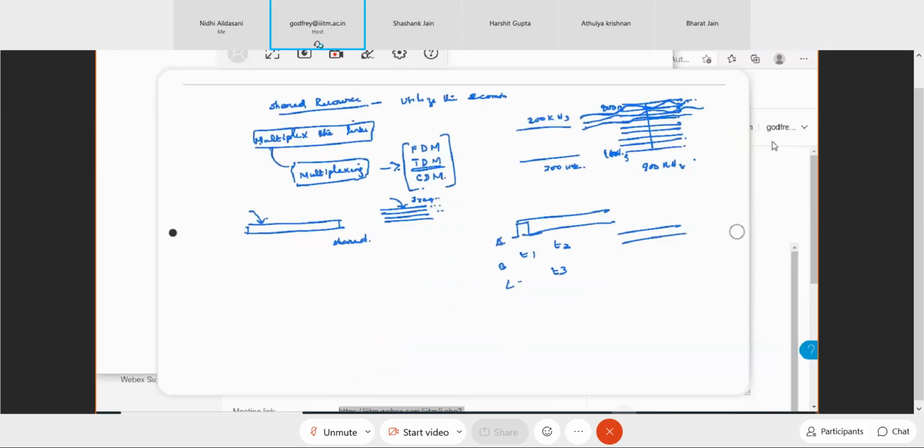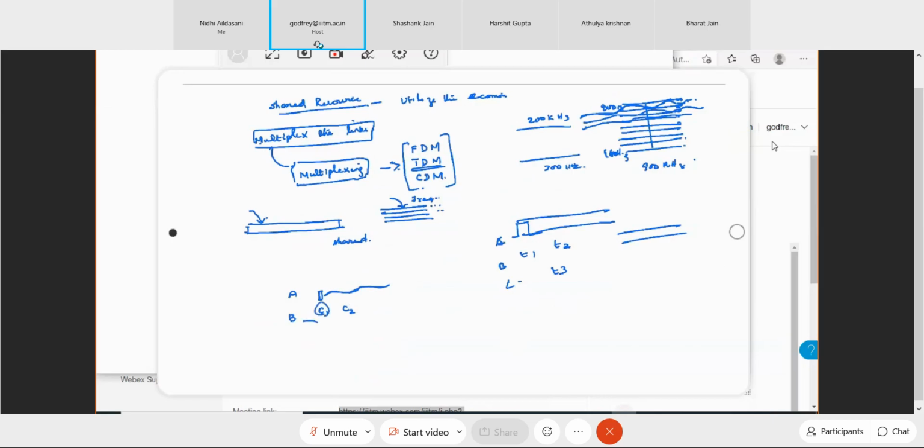In code division multiplexing, you have a modulation scheme on your data, and you modulate the signal using some orthogonal code. So you have two orthogonal codes, C1 and C2. When A sends its data, it is modulated by code C1.